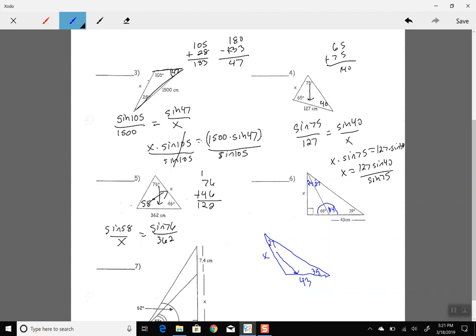And that goes with the 39 degrees. So I can set up a law of sines here. It says sine of 39 over x equals sine of 27 over 43. Cross multiply: x times sine of 27 equals 43 times the sine of 39, and then divide both sides by sine of 27.